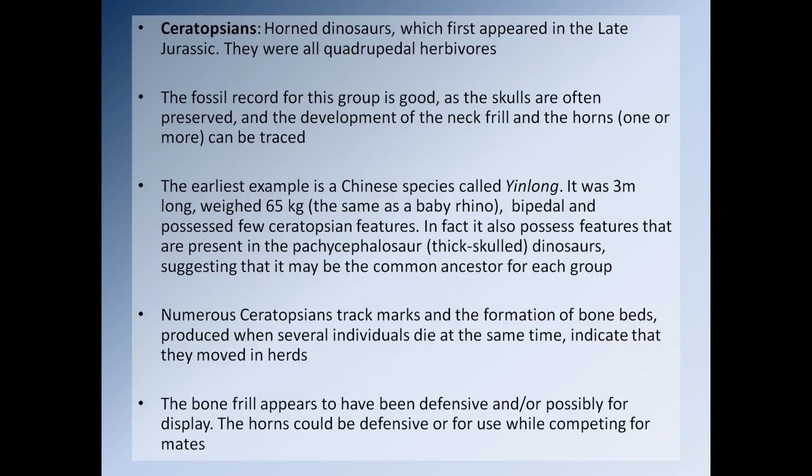This would mean that the frill would be quite light, so there would be a central strut of bone going up the middle, and an arch of bone going over the top, and the frill itself would mostly have been a membrane of skin pulled over the top. Dinosaurs that have that kind of frill design had very big frills. They would look quite imposing. And so it's been suggested that those frills could possibly be more for display purposes than for defensive purposes.